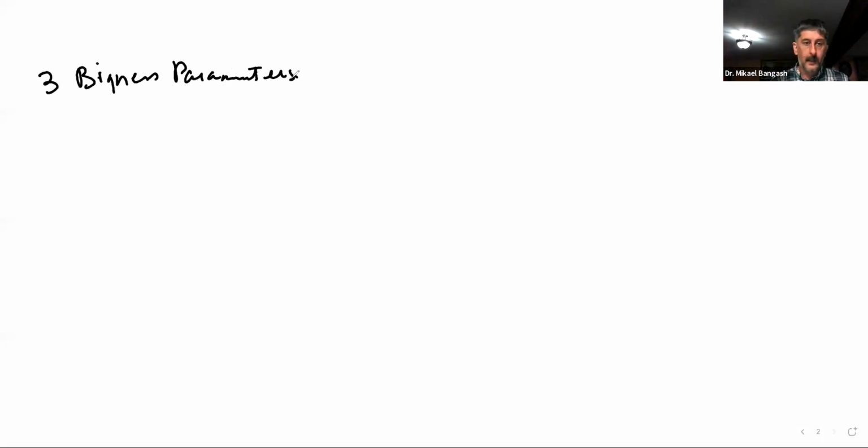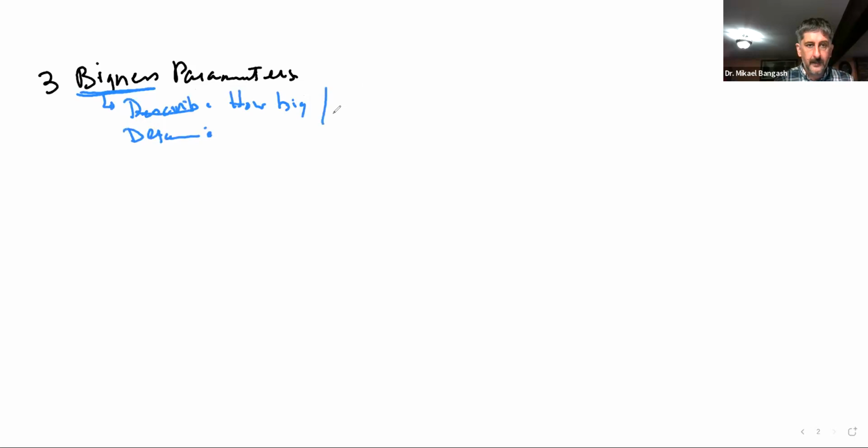Why do we call them the bigness parameters? Mainly because these are parameters that determine how big or small a sound wave is.